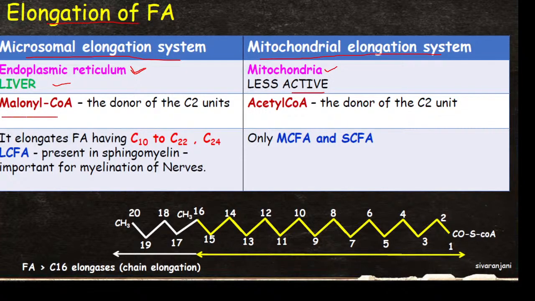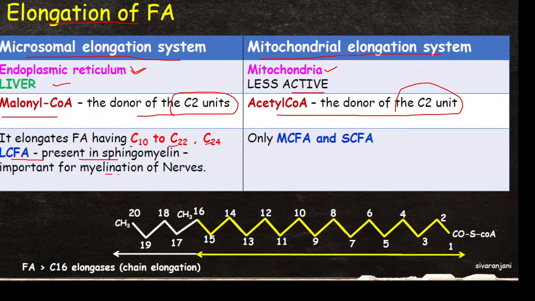And malonyl CoA is the donor of carbon units in the elongation system. In the case of the mitochondrial elongation system, it is acetyl CoA which is the donor of the 2 carbon units. It elongates fatty acid containing 10 carbons to 22 or 24 carbons. So the microsomal elongation system synthesizes long chain fatty acid, which is present in sphingomyelin.